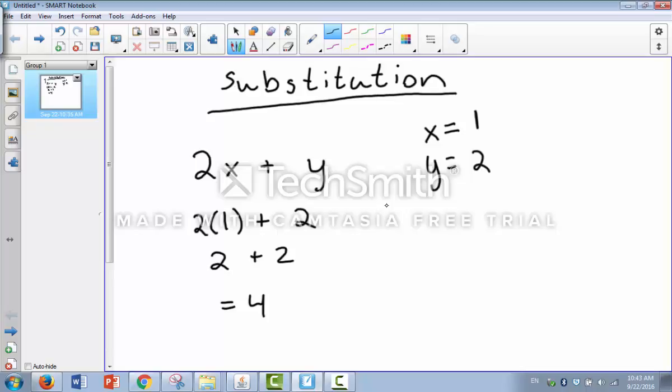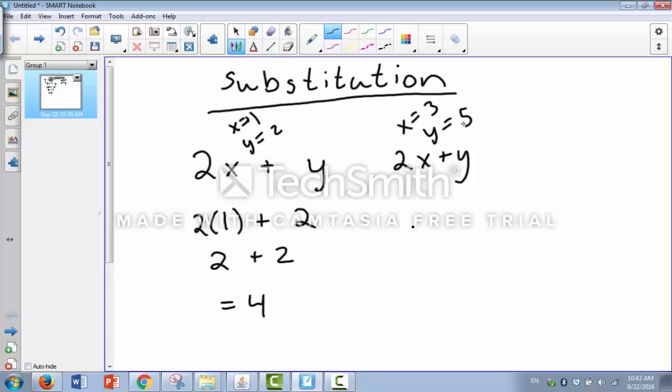Now I could have the same equation. So that was x equals 1 and y equals 2. I could have the exact same equation, but they could ask you to go x equals 3 and y equals 5.